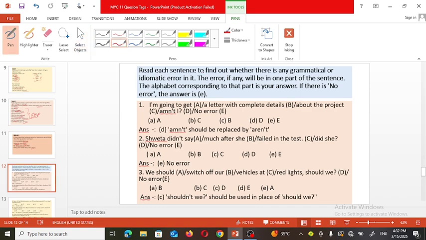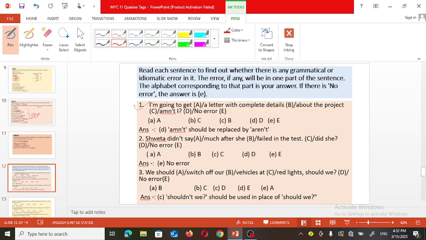Read each sentence to find out whether there is any grammatical or idiomatic error in it. The error, if any, will be in one part of the sentence. The alphabet corresponding to that part is your answer. And if there is no error, then the last option, as usual, that is E.